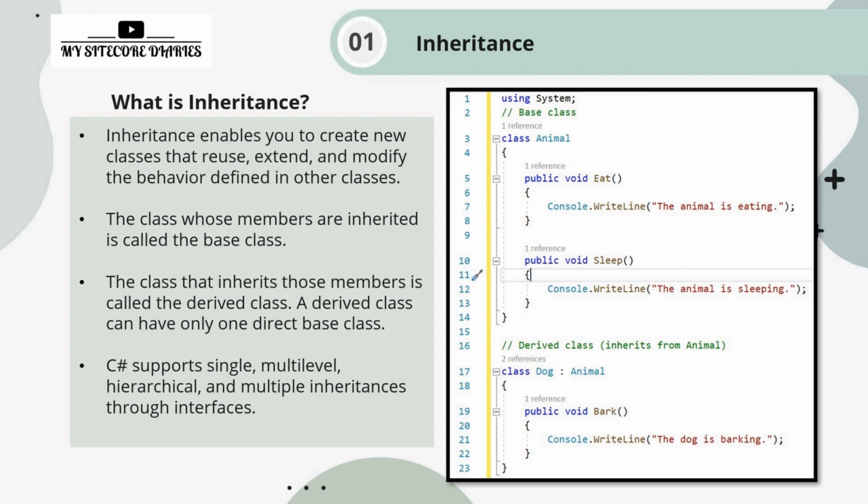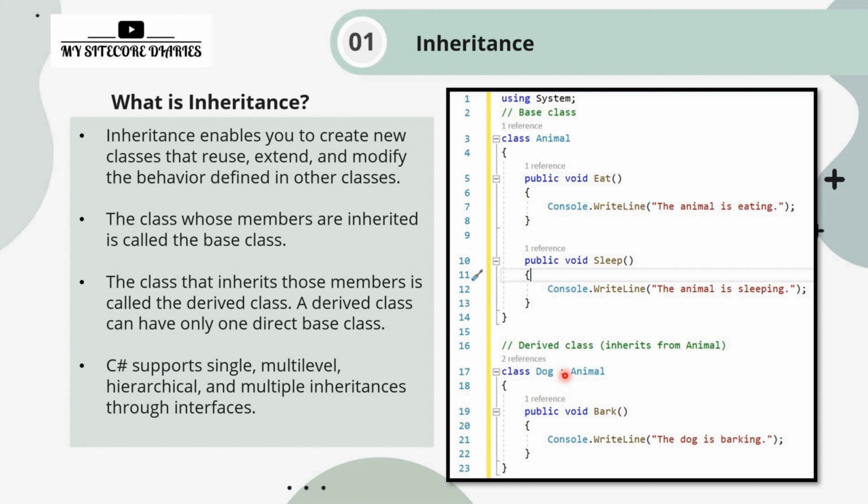If I take an example of inheritance, if you see here, I have created two classes. The first class is the Animal class, which has two member methods, eat and sleep, whereas there is another class which I have created called Dog, and it is inheriting Animal. How are you inheriting?